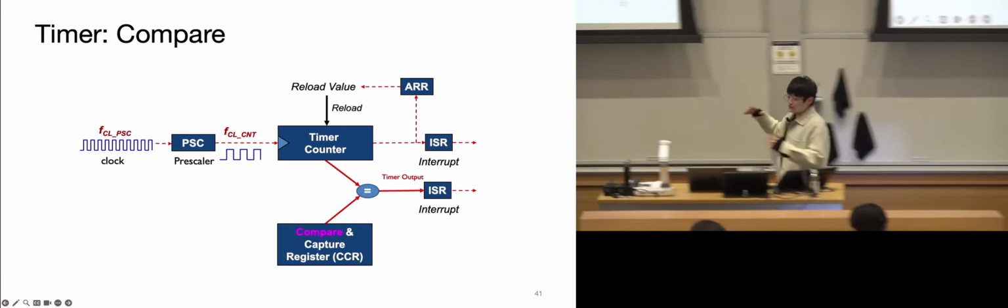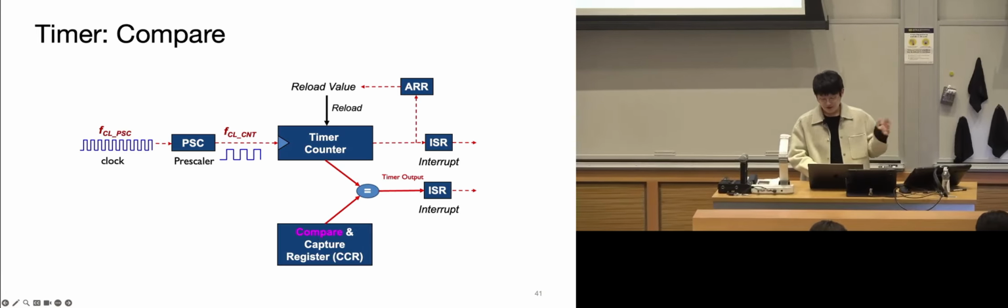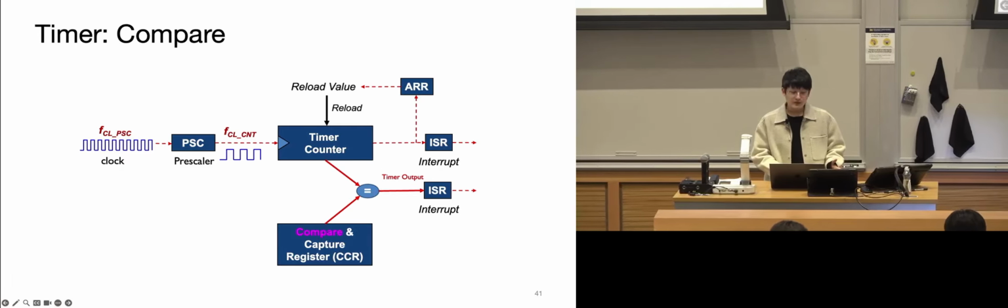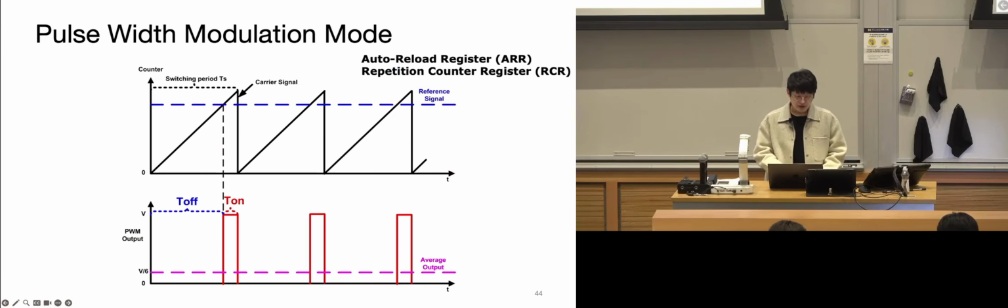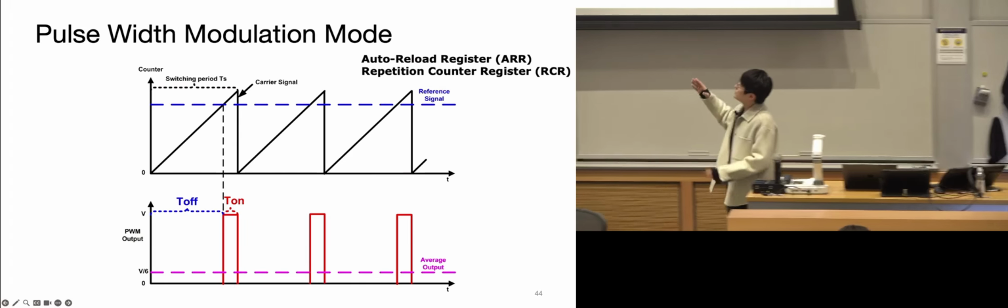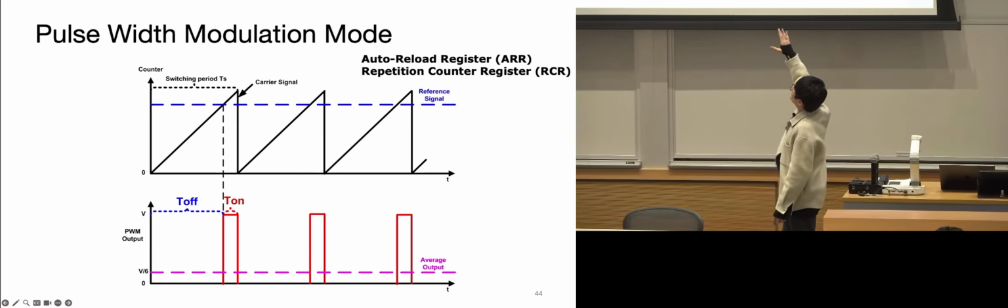So they work together to generate the PWM signal, which is one of the most commonly used cases for the compare mode. And this is kind of similar to what we just talked about. You have essentially a cutoff.